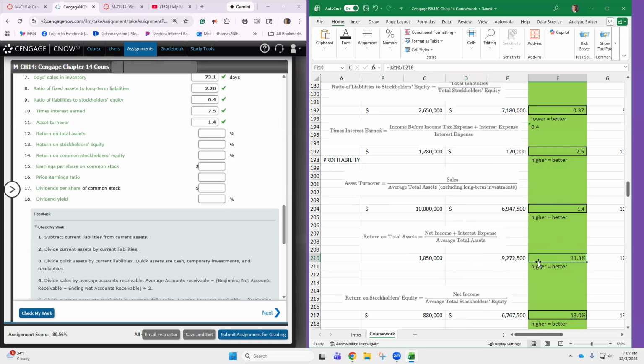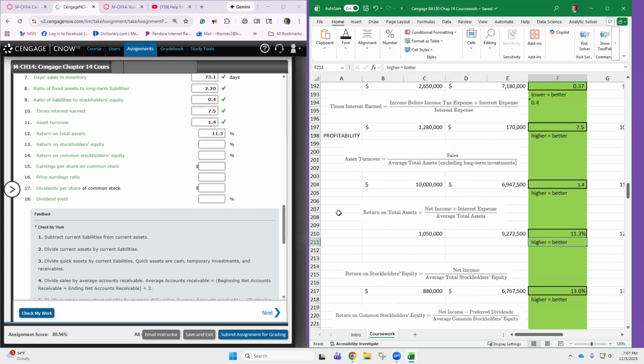So what I've got is 11.3%. And once you get your decimal, you can turn that into a percentage if you need to by multiplying by 100. That can help you if you need that.